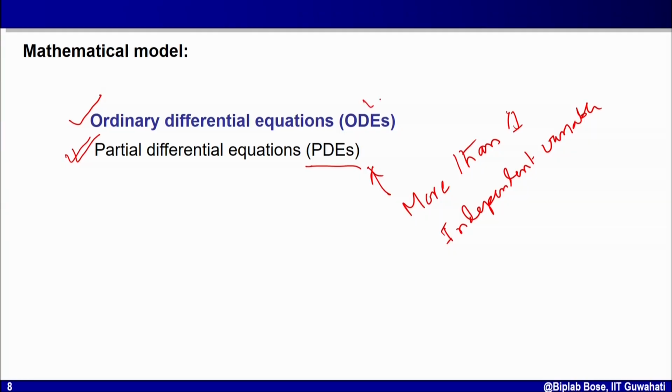That means I have to keep a record of those molecules with respect to time as well as space. So I cannot use ordinary differential equations in that case. I have to use partial differential equations. In this course, we will focus primarily on ordinary differential equation based models where time will be the only independent variable. That means we will keep track of changes with respect to time.